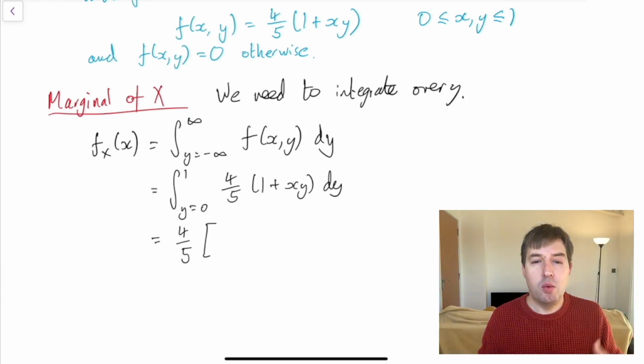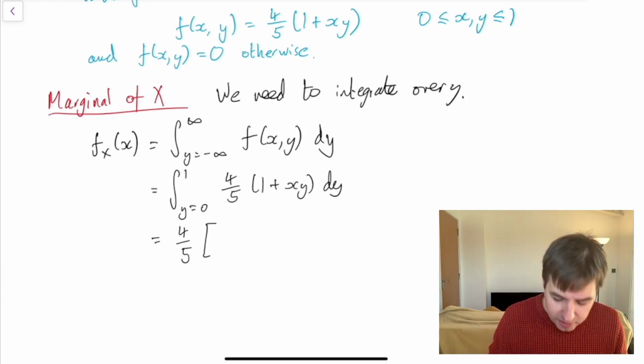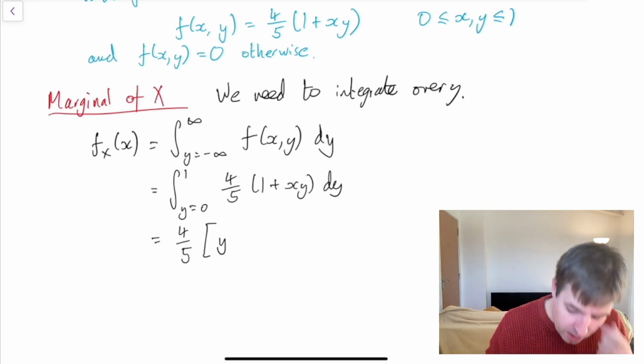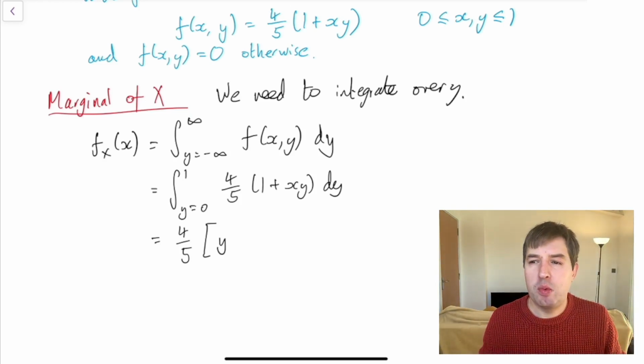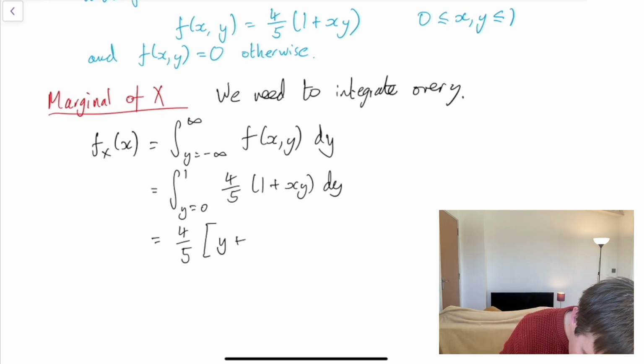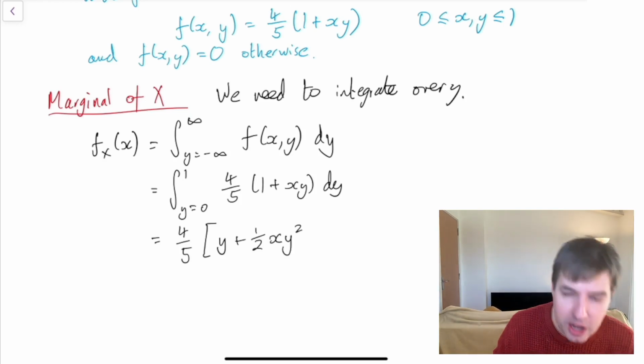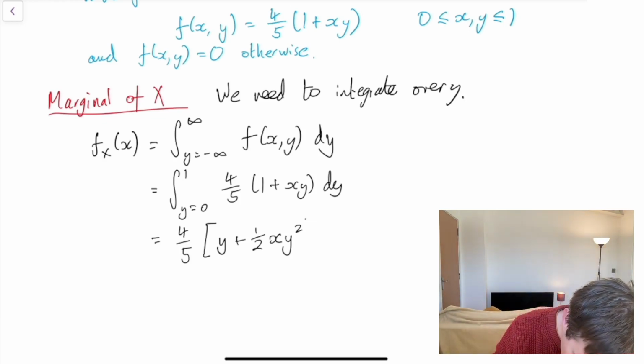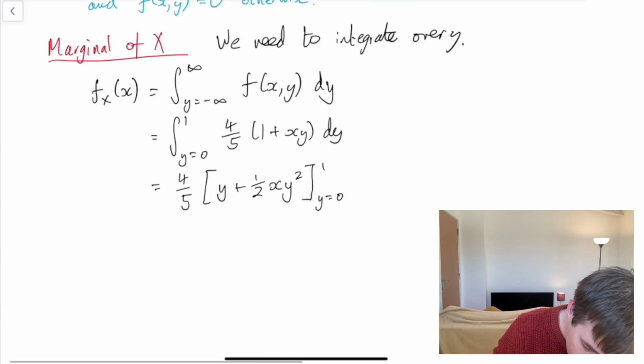Then when I integrate 1 with respect to y, that gives me y. When I integrate xy with respect to y, the x is just a constant, so that stays out the front. And the y becomes a half y squared. So this will be half x, the constant x, y squared being the integral of y. And that goes between y equals 0 and 1.